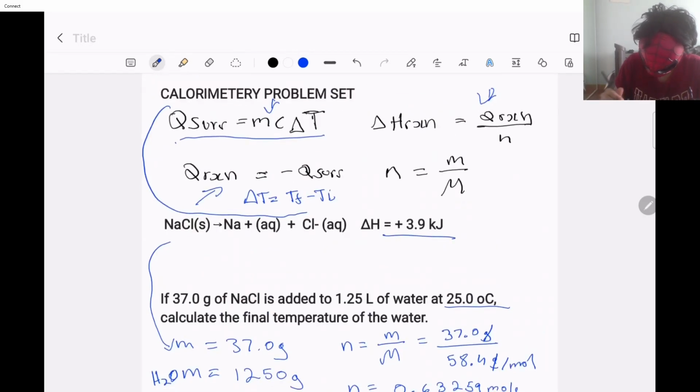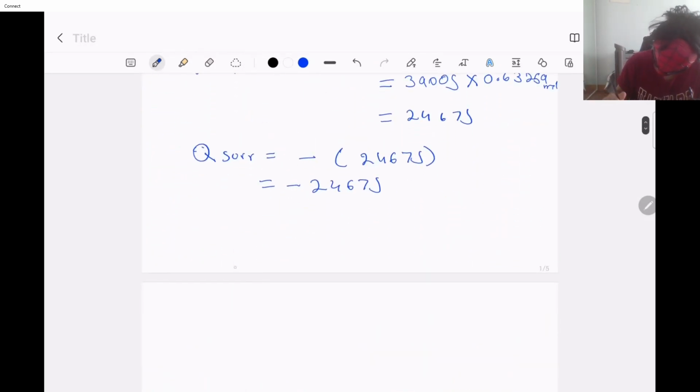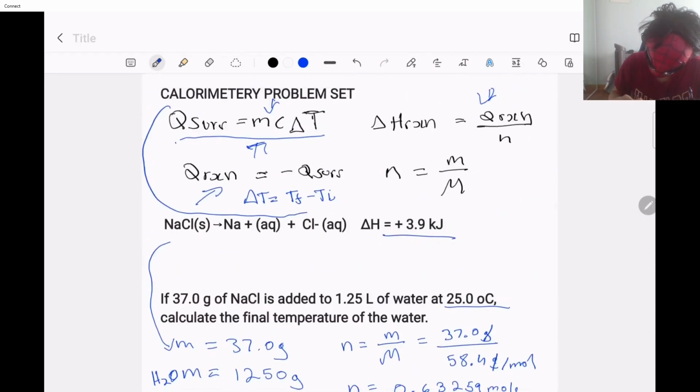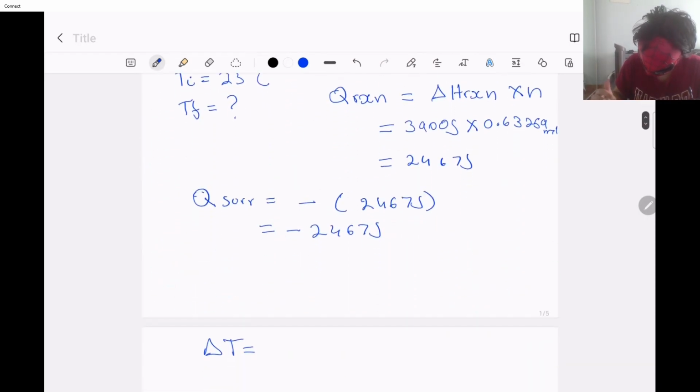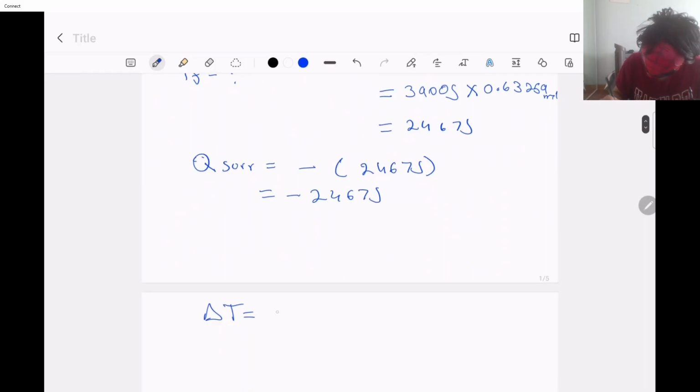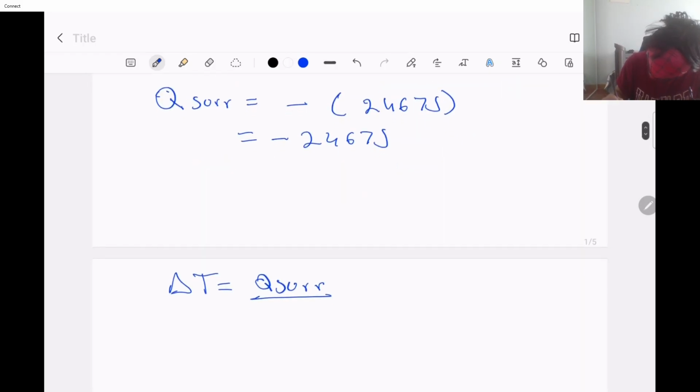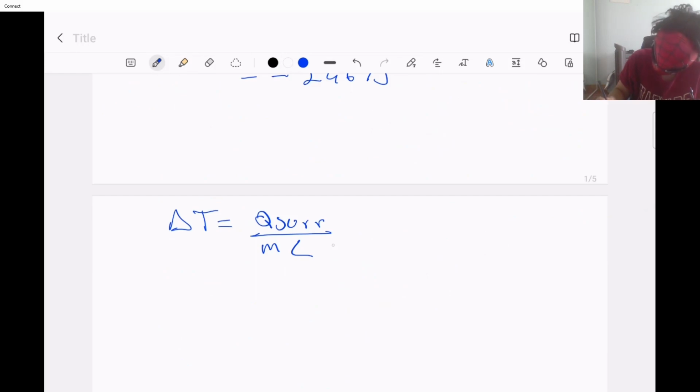With that information, we can plug all our values into this formula and then isolate for delta T. So delta T is equal to Q surroundings divided by mass times specific heat capacity. The specific heat capacity we are not given, but it is known that the specific heat capacity of water is 4.184 joules per gram times degrees Celsius.